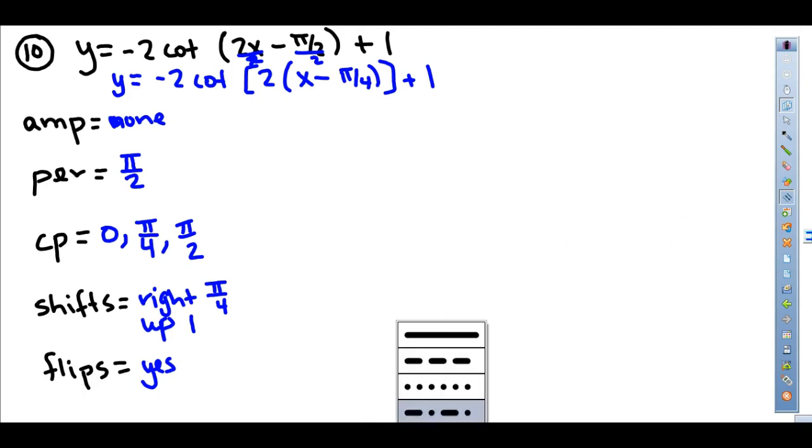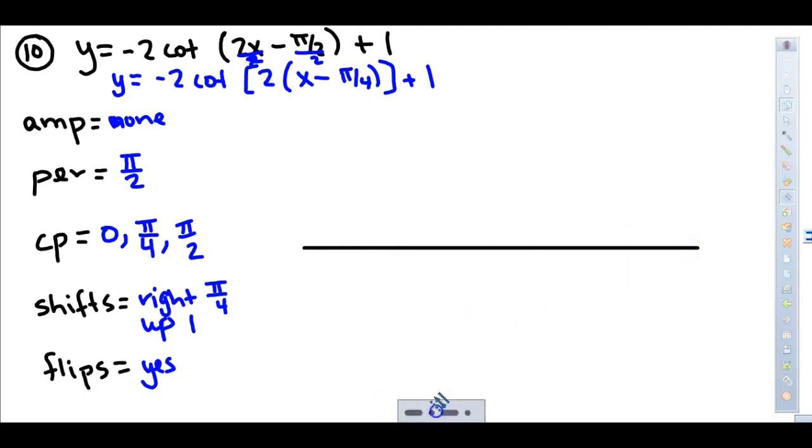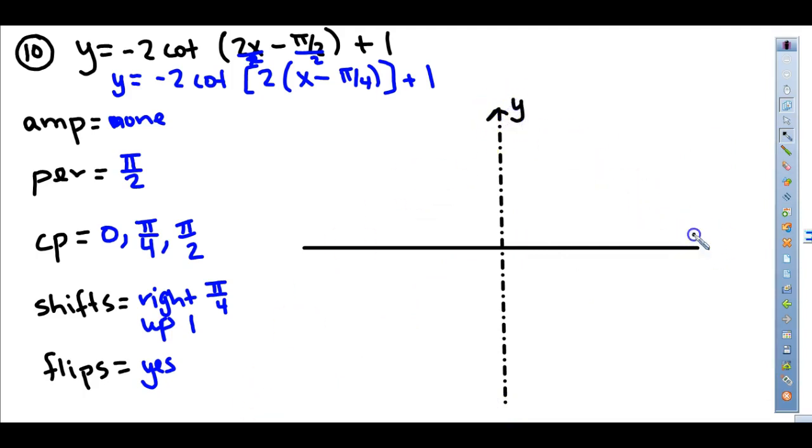Alrighty, so to draw this x and y axis, I'm going to go ahead and dot the y-axis until I know for sure if I'm going to have an asymptote there or not. I actually know, I have this little method of figuring it out ahead of time, but I'm going to pretend that I don't know and dot the y-axis. That saves your eraser.